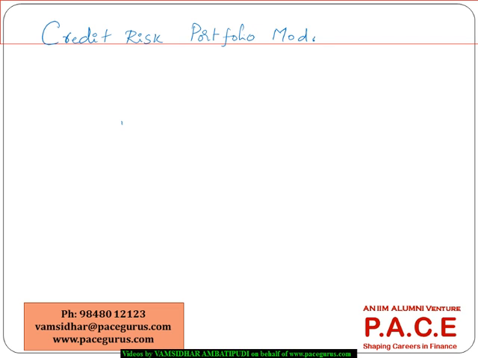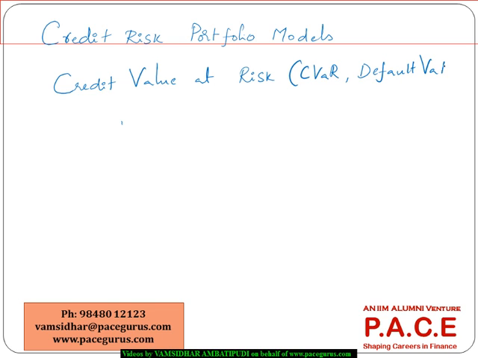So we are talking about various credit risk portfolio models wherein my intention is to compute the credit value at risk for the portfolio. Sometimes we call it CVAR or sometimes default VAR. Whatever the terms being used, it is more associated with the credit value at risk itself.